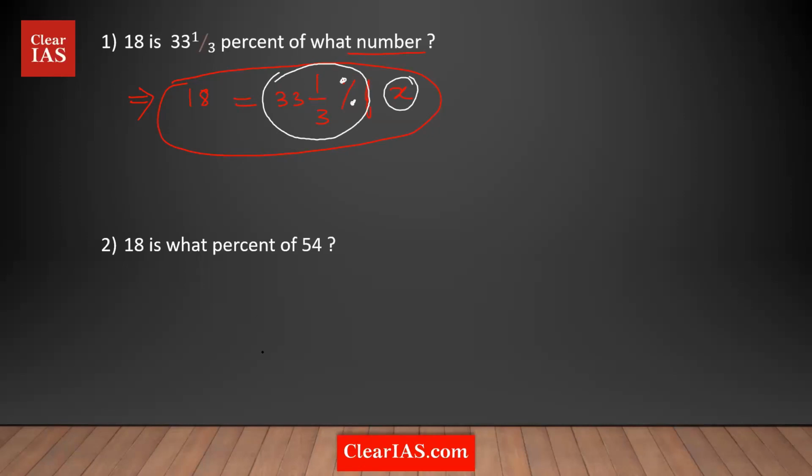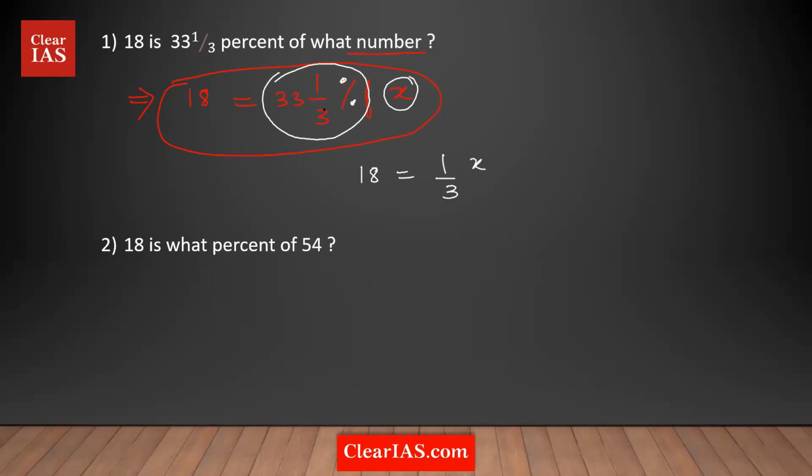All of you remember? Please comment in the chat box. Srishti, what do you think? 33 and 1 by 3 percent is 1/3. So if you remember the fraction, you can clearly write 18 is equal to 1/3 of x.